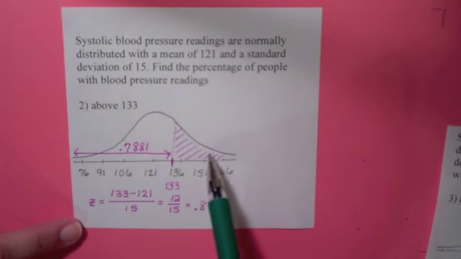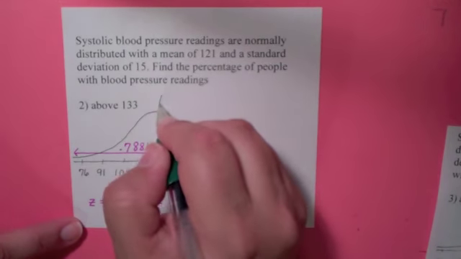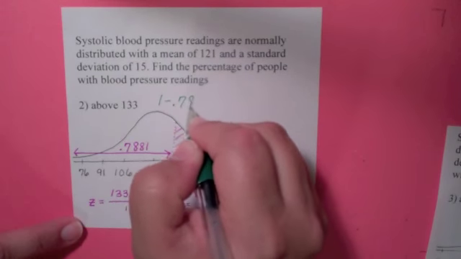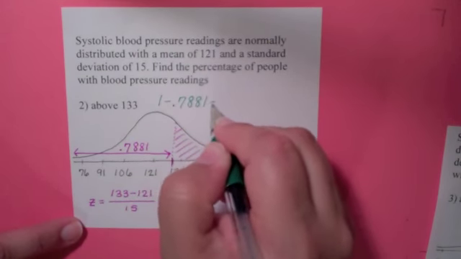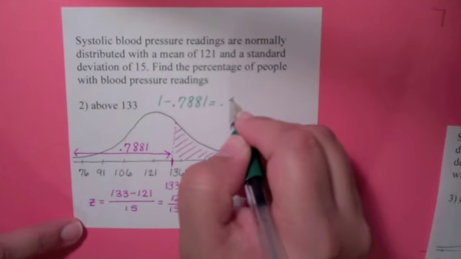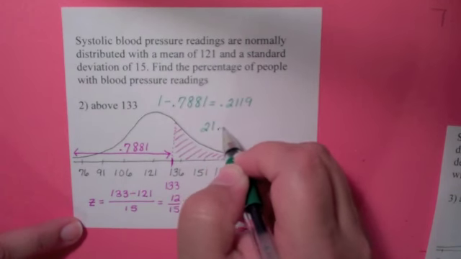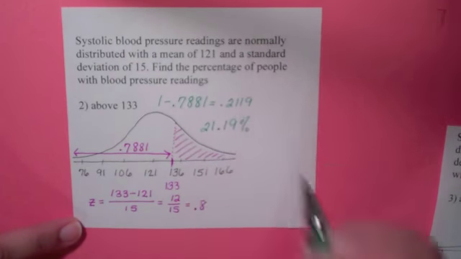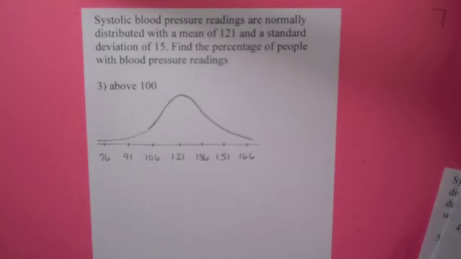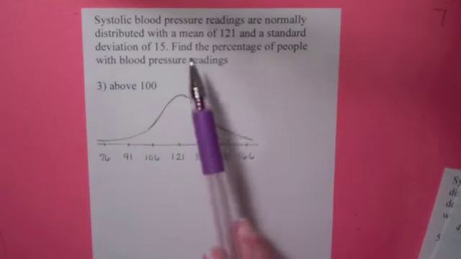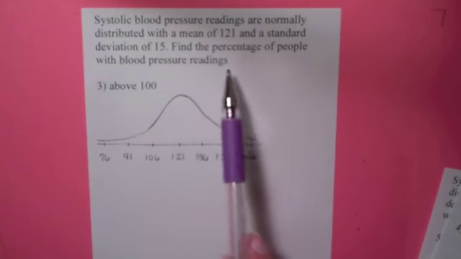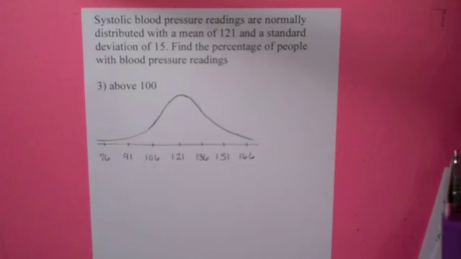So if I want to find this side, I just have to subtract 1 minus 0.7881, and I get 0.2119, which in percent is 21.19%.